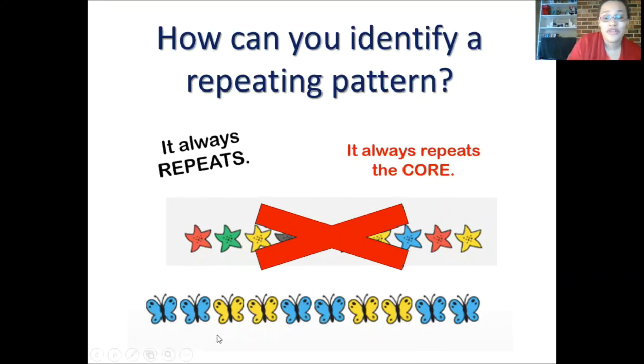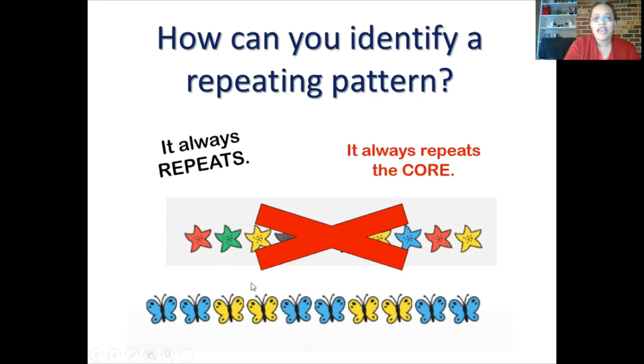Okay, so I see butterflies, I see blue and yellow. Let's see if we can say this pattern. Blue, blue, yellow, yellow, blue, blue, yellow, yellow, blue, blue. Did this pattern repeat? I see the colors repeat.